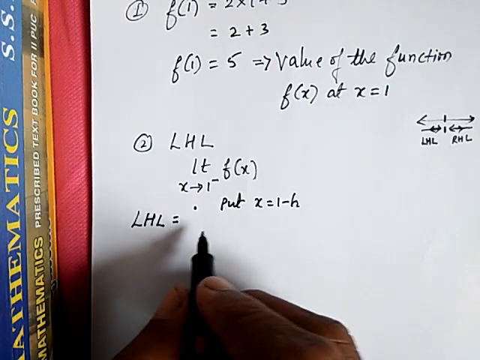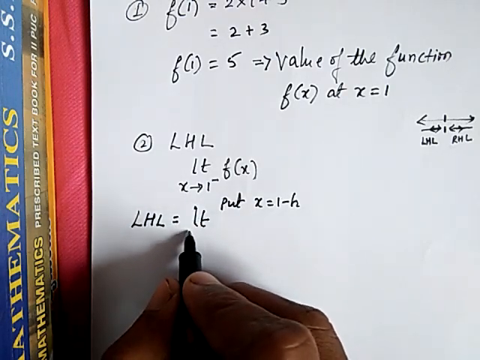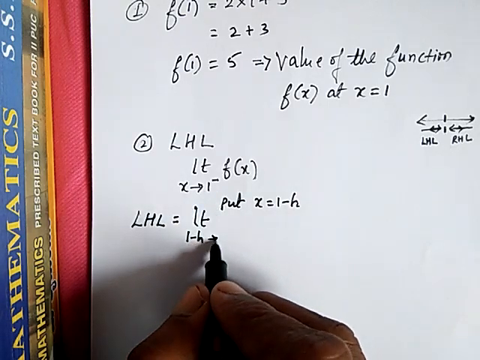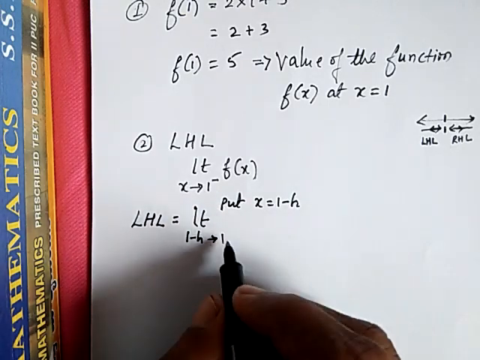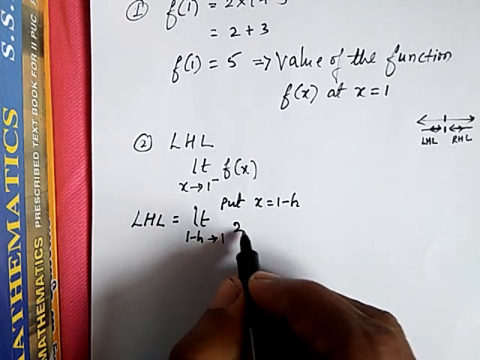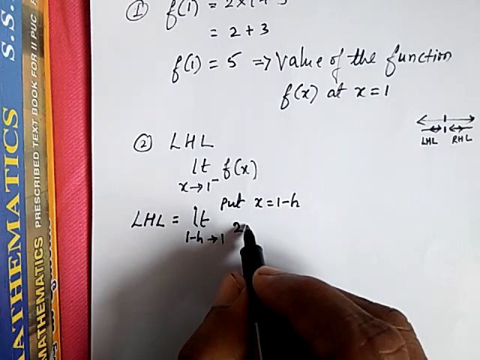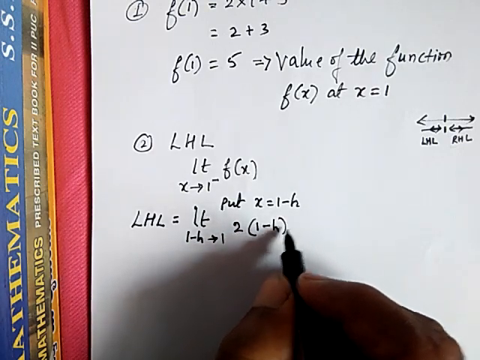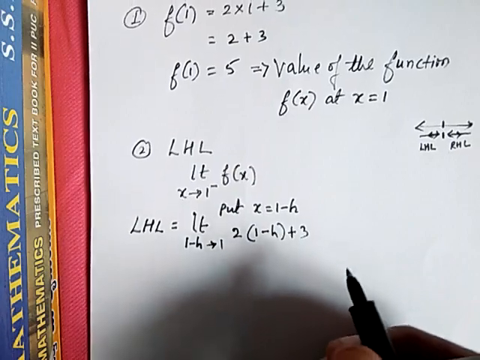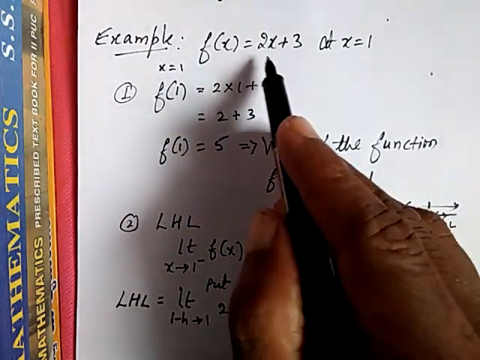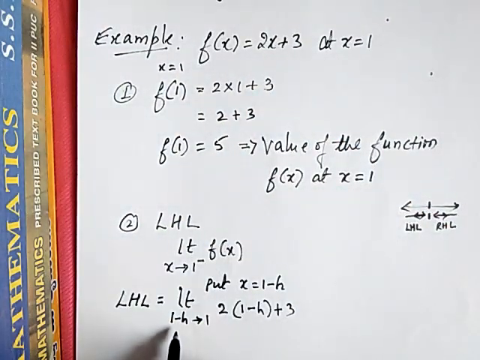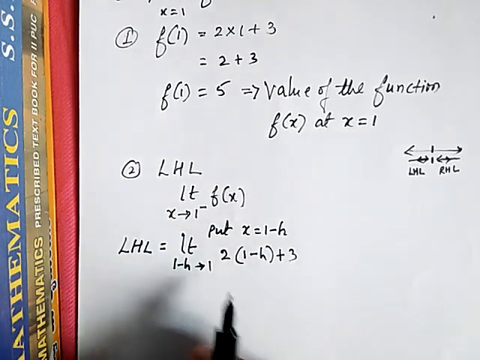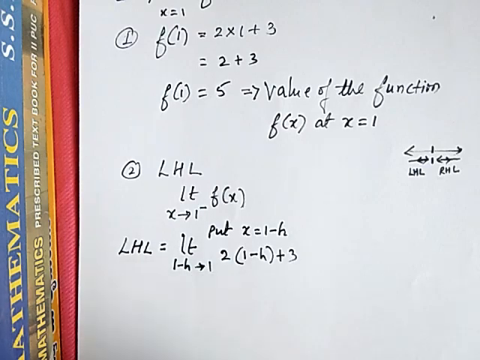So LHL is equal to limit 1 minus h tends to 1, because x tends to 1 minus, of the function 2 into x, that is 1 minus h, plus 3. The function is given like this, 2x plus 3. So I have written limit 1 minus h tends to 1, because x is equal to 1 minus h we are taking.